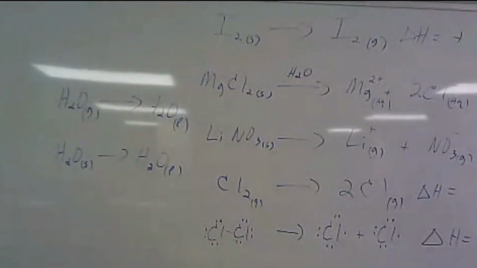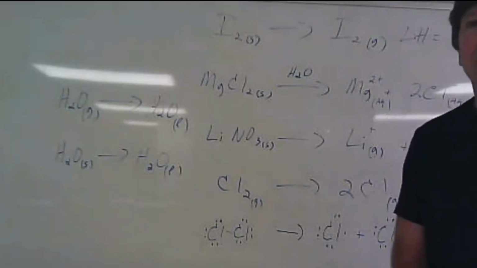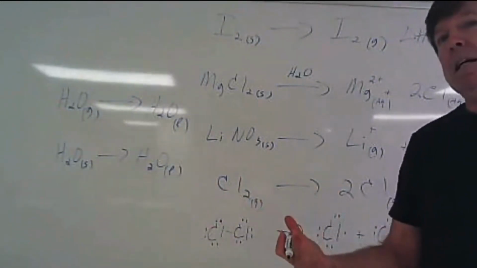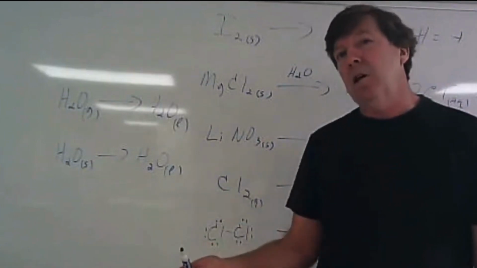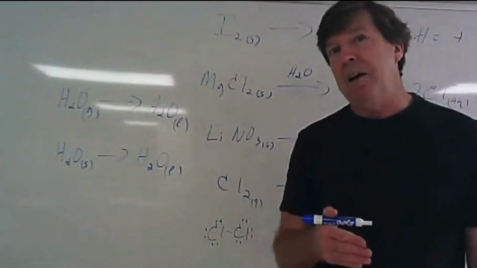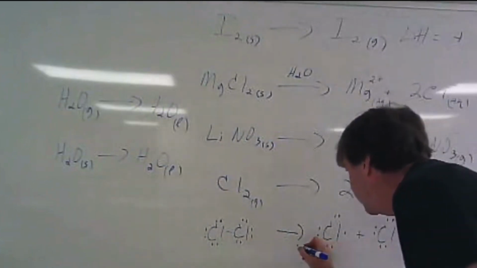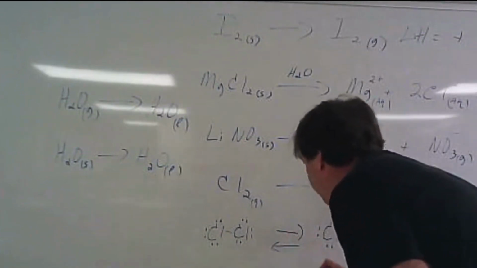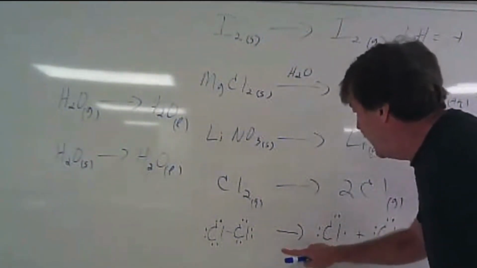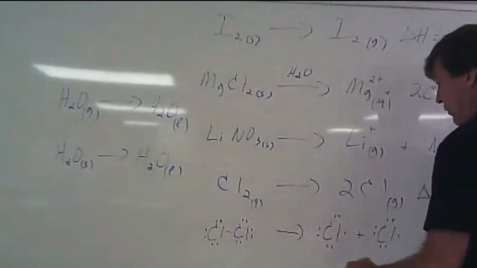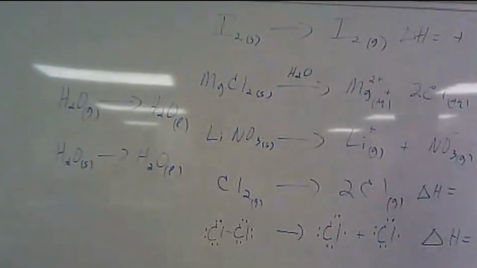It's going to be positive. We could look that value up, and we'll get a value for the bond enthalpy. If we put a negative value on that, then we know energy is released when these 2 come together. So the forward reaction is positive, and the reverse reaction is negative.